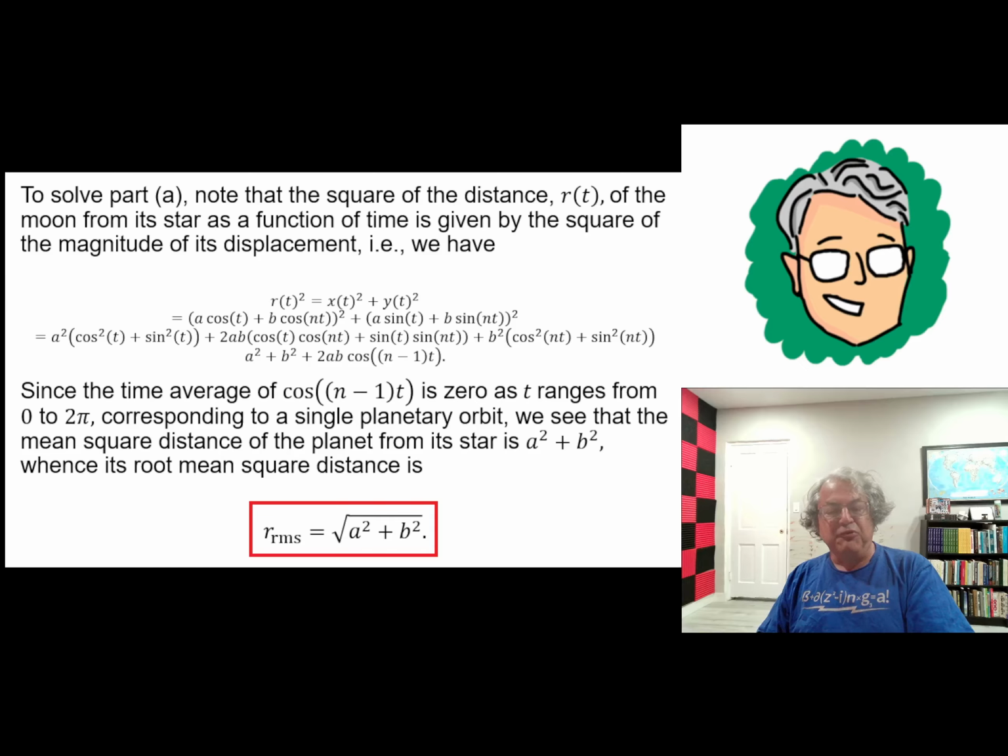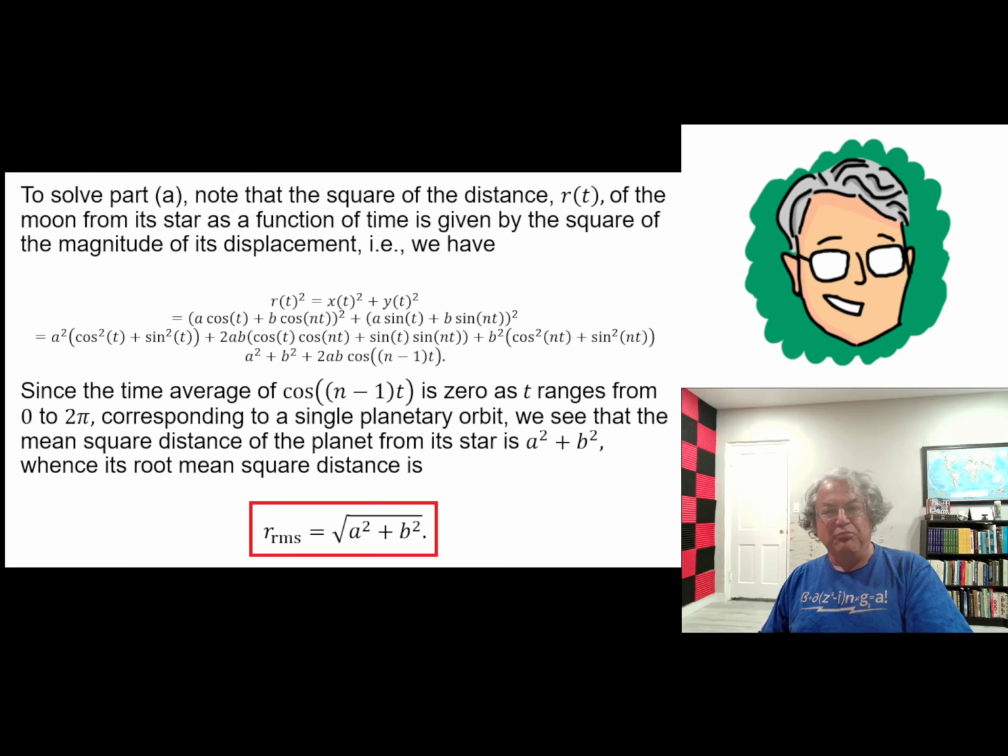The final result you get is a squared plus b squared plus 2ab times the cosine of n minus 1 times t. But now we're only interested in the time average. And the thing you should notice here is that this last term, cosine n minus 1 times t, I think you guys are all familiar with how sines and cosines look.